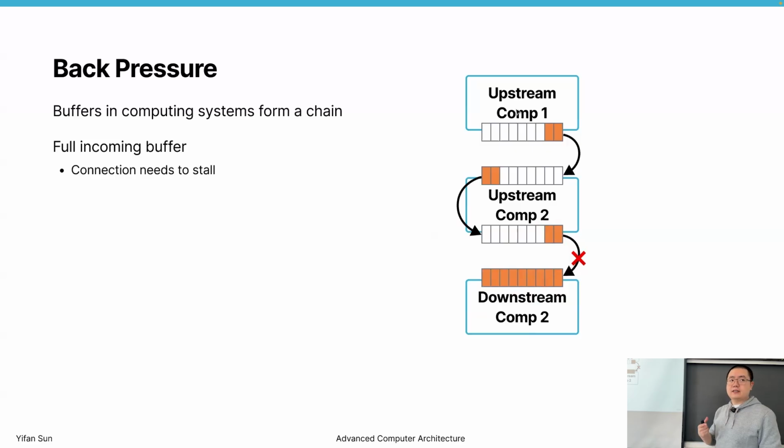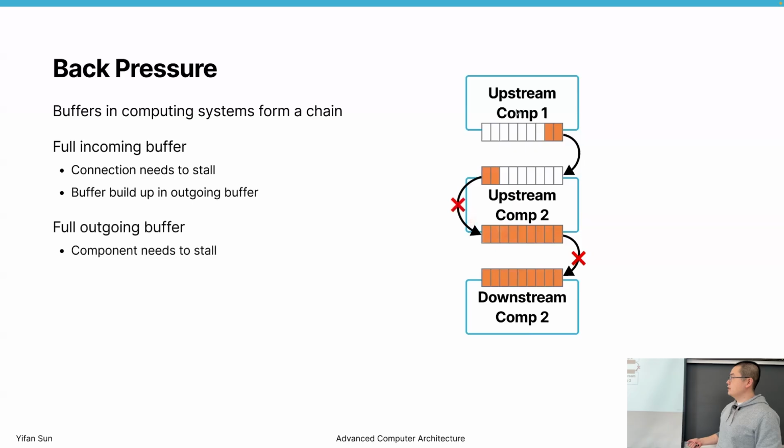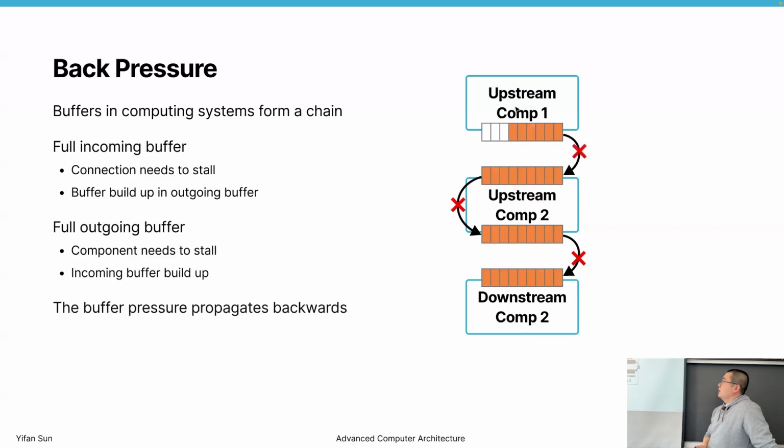Stall means it has to pause and wait. Then the outgoing buffer starts to build up, and when it is full, this component needs to stop, needs to pause, and cannot make forward progress anymore. Eventually its incoming buffer starts to build up because it cannot send out things. Then this connection builds up, this buffer is full, and eventually the topmost component is jammed up.